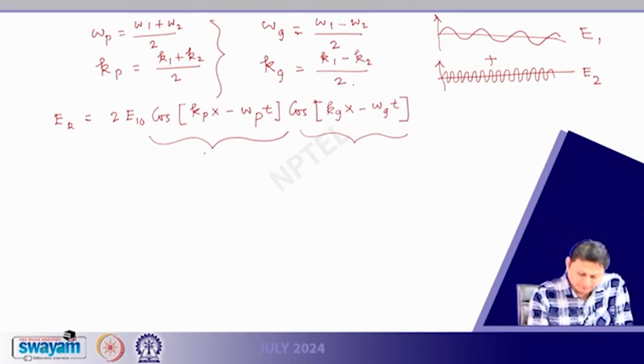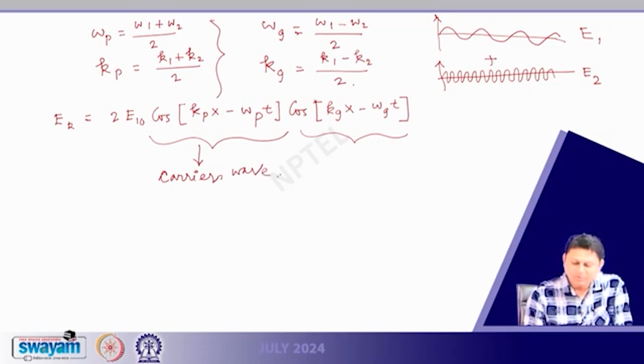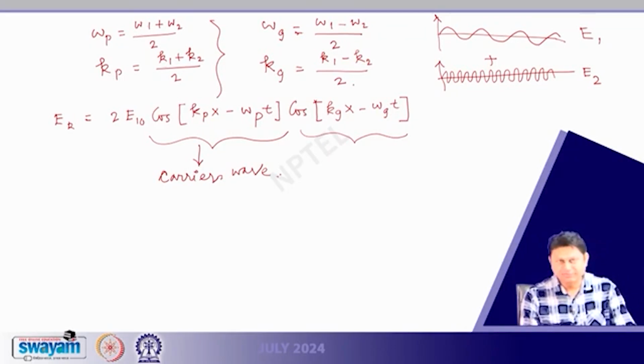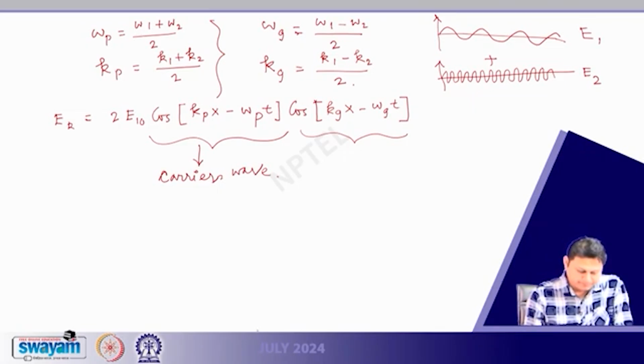Well, this wave is called the carrier wave, having a frequency omega p, and omega p, as I mentioned here, is omega 1 plus omega 2 divided by 2. So, the carrier wave has the average frequency of whatever frequencies we have for E1 and E2, and it is moving with a velocity.